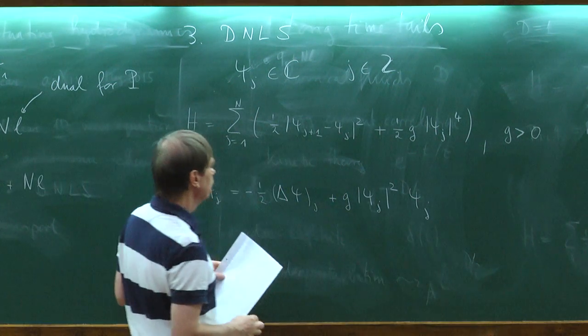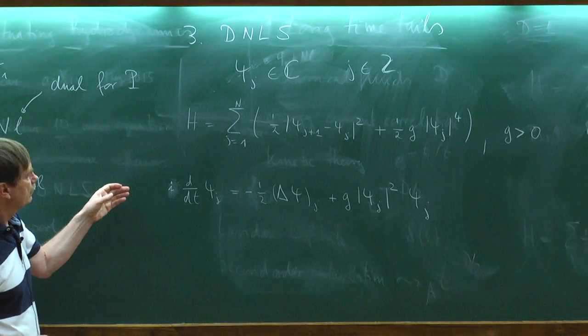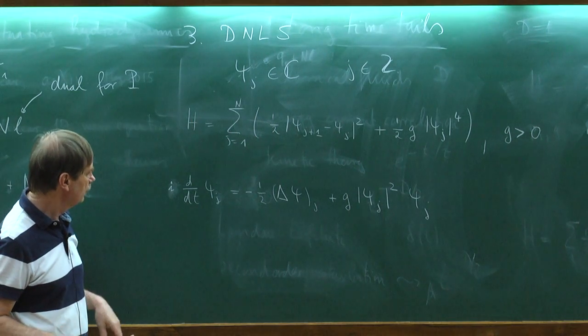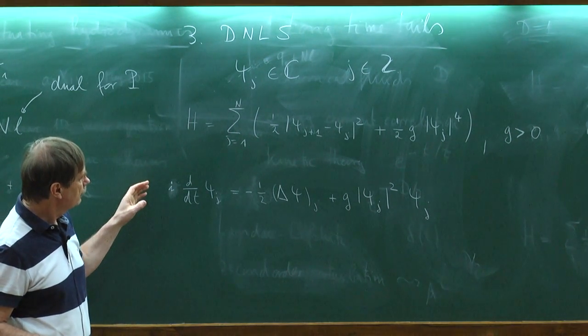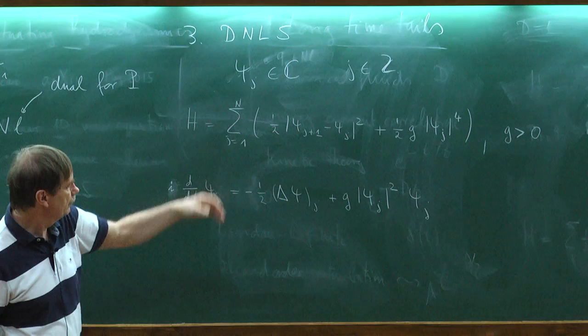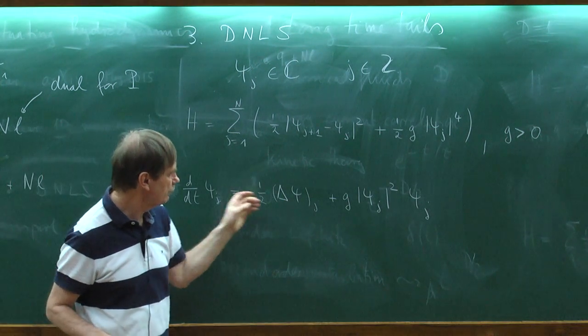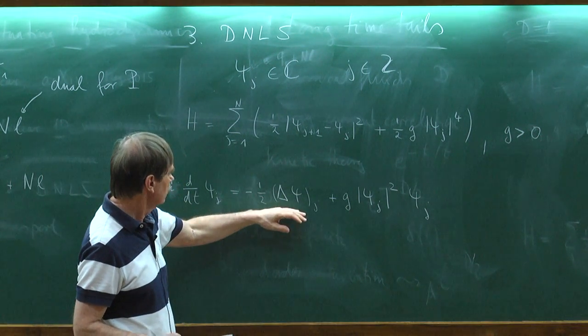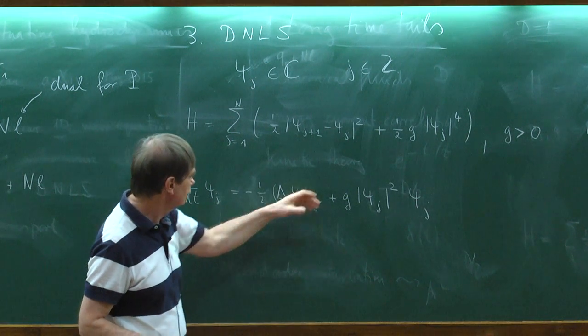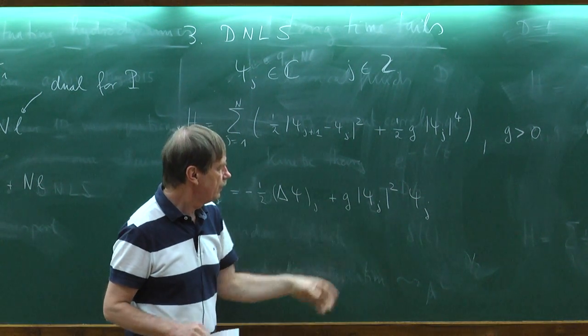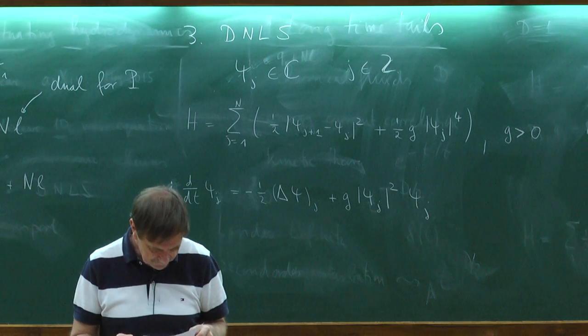This is why it's called the nonlinear Schrödinger equation. Already from the energy you can see this, and the evolution equation is the usual Schrödinger equation, which would usually have a linear potential, but here it has this added nonlinearity.